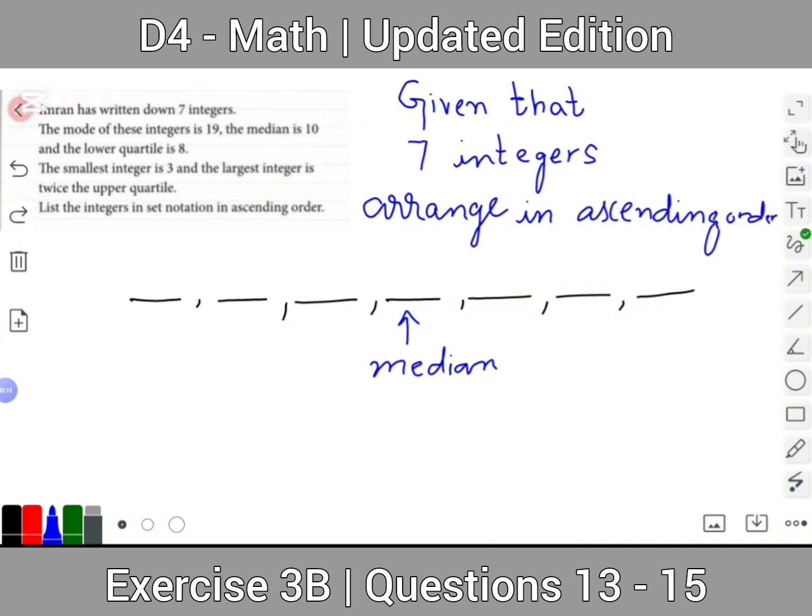So the middle value of the 3 positions on the left hand side of the median is the lower quartile, and the middle value of the 3 positions on the right hand side of the median is the upper quartile.